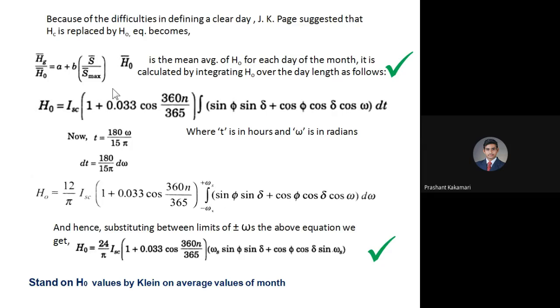H naught bar is the mean average of the extraterrestrial radiation H naught without atmosphere. For averaging, he used the integration procedure, integrating these values over the day lengths and finding it for the month. We use this equation the maximum number of times to find the global radiation Hg bar values.